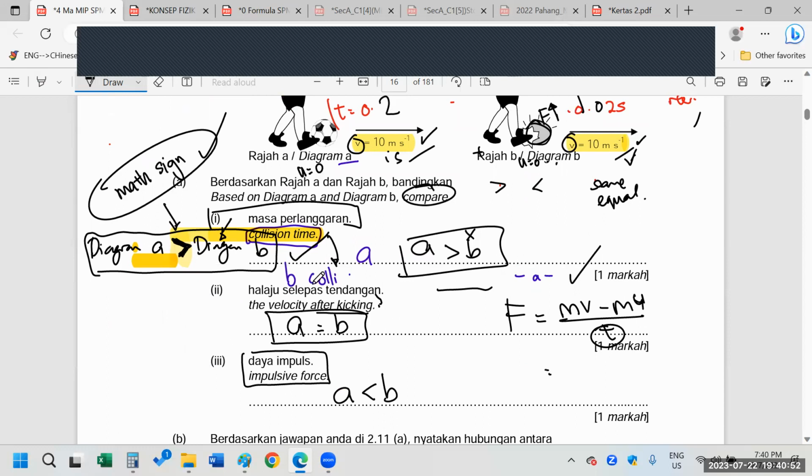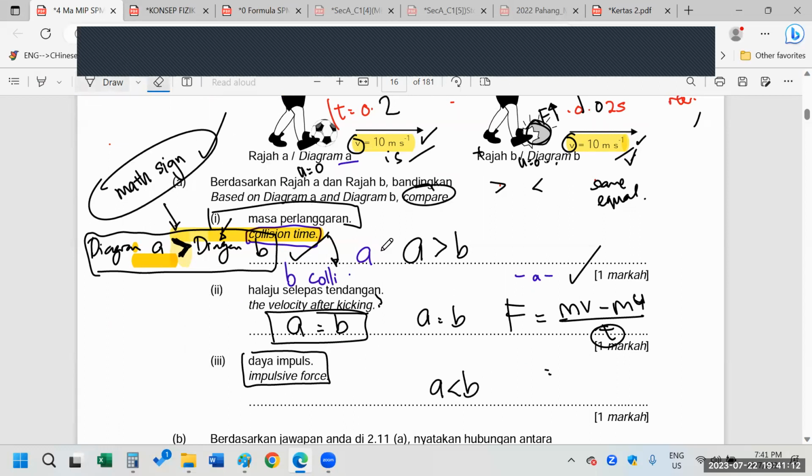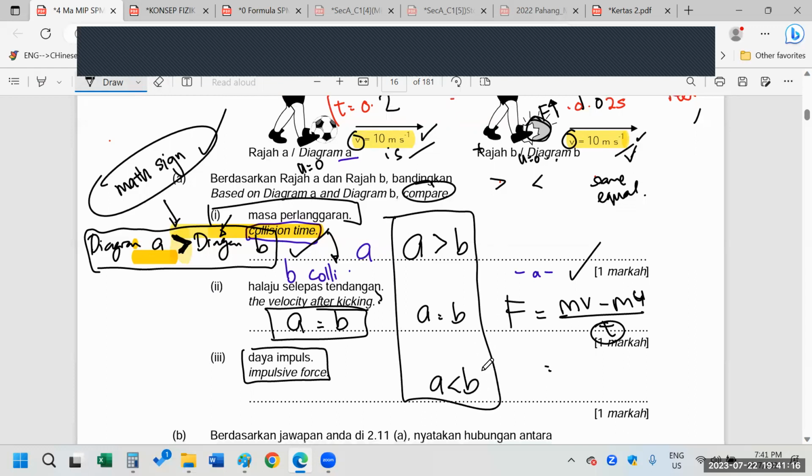Okay, so now if I write in the same row, A bigger than B, A equals to B, A smaller than B, you write in sentence. Now they want what?